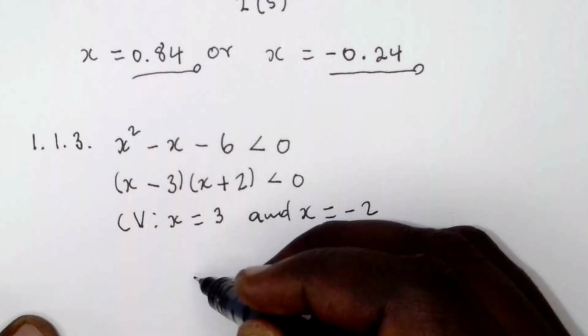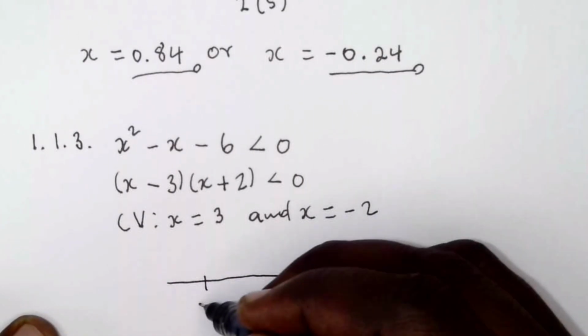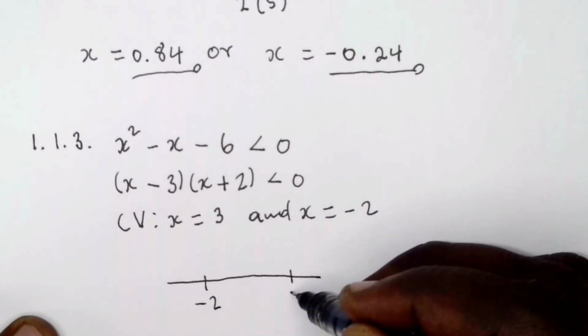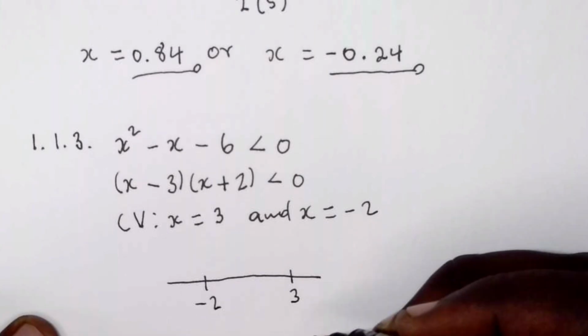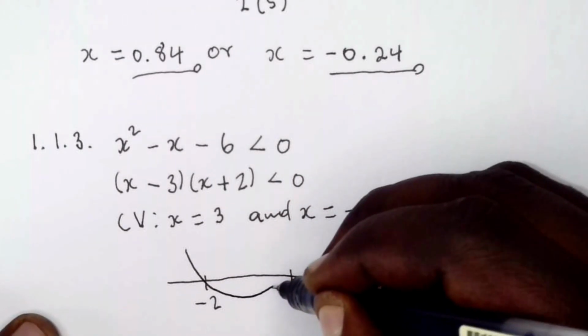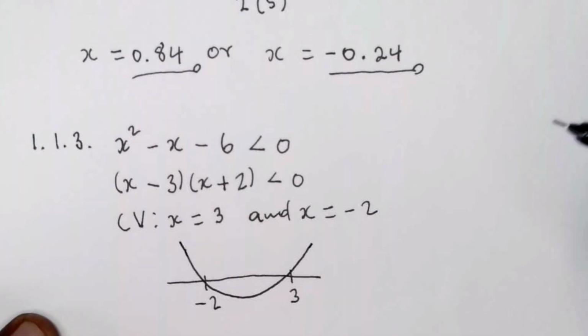But what do we know about this one? We know that in a number line, this is the smallest number on the left and then the biggest number on the right. Okay, this is the graph, I should say.